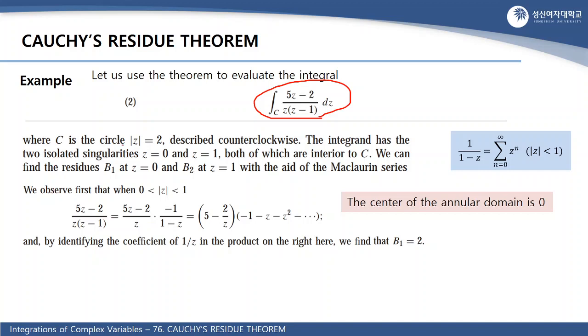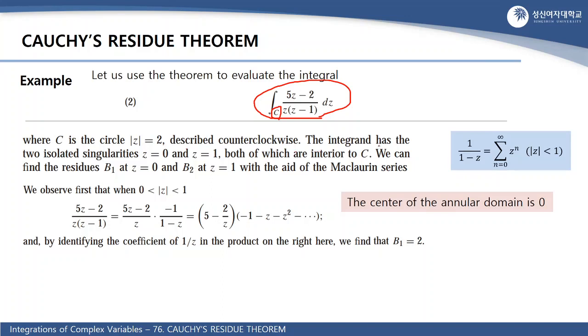Here C is the circle, absolute value of z is 2. Here the contour means the circle given by absolute value of z equal to 2, described counterclockwise.